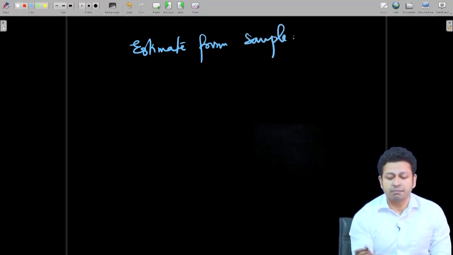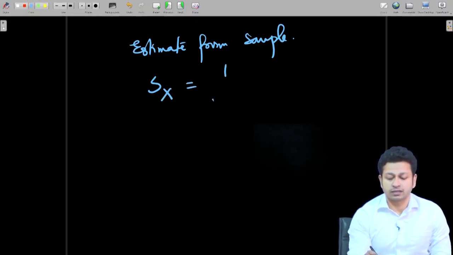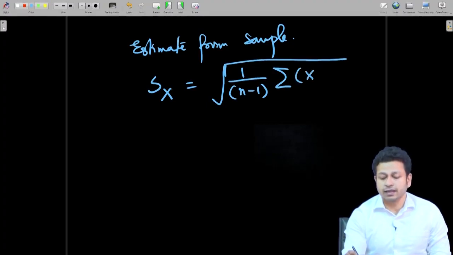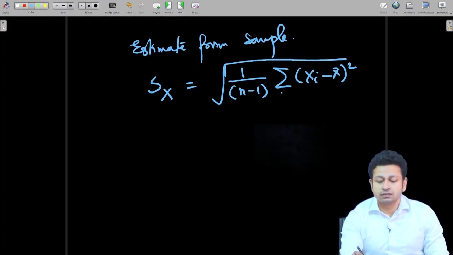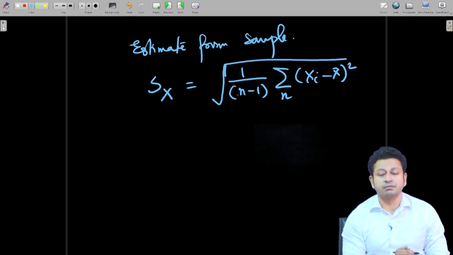When you estimate from a sample, we have Sx, which we write as the square root of 1 by n minus 1 times the sum of xi minus x bar whole square. We have explained the intuitive logic of why we divide by n minus 1 and not by n.